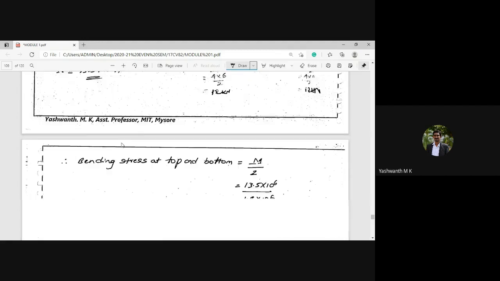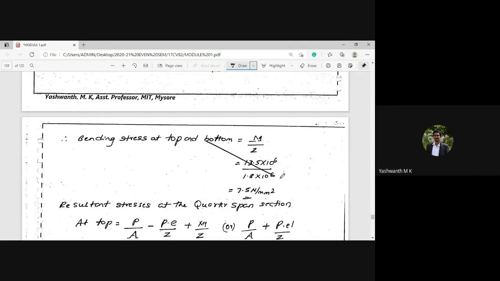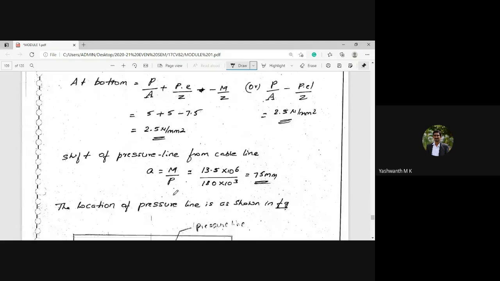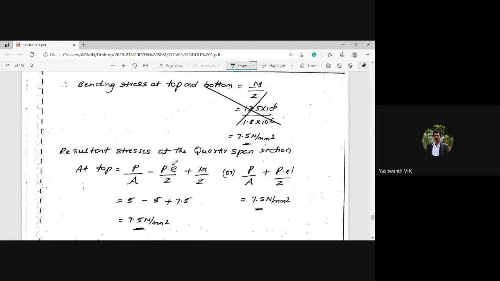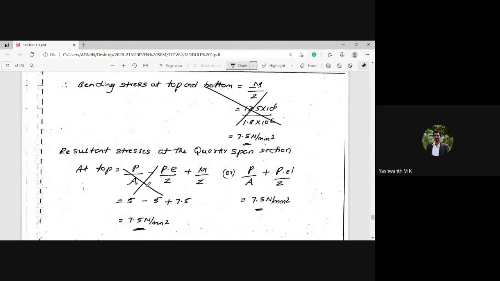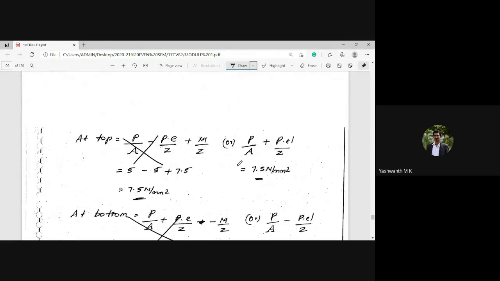Same thing calculated here. Next, we don't want this M by Z. Once again, we need to calculate the pressure line here, that is the shift of pressure line from the cable line. So this is the moment at quarter span, that is 13.5 into 10 to the power of 6 divided by the pre-stressing force, which gives 75 millimeter. Once again, this is the stress concept, so don't follow this; go with this formula.